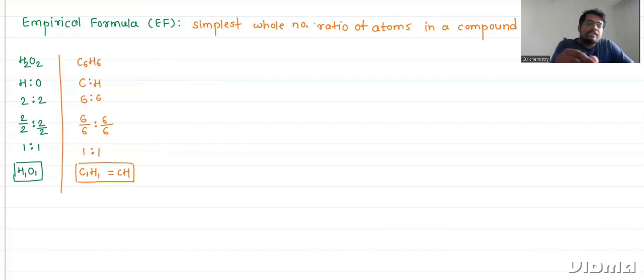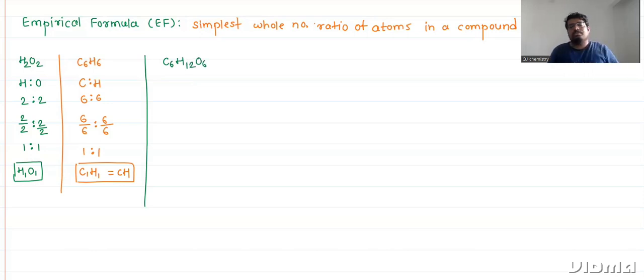Now let us take another example, glucose. The formula for glucose is C6H12O6. Fructose and glucose both have the same formula. Take the ratio of carbon to hydrogen to oxygen: 6 carbon atoms, 12 hydrogen atoms, and 6 oxygen atoms. These numbers are divisible by 6, so let us simplify.